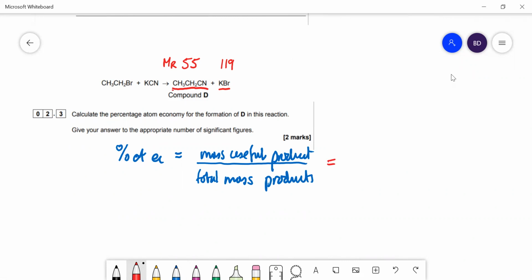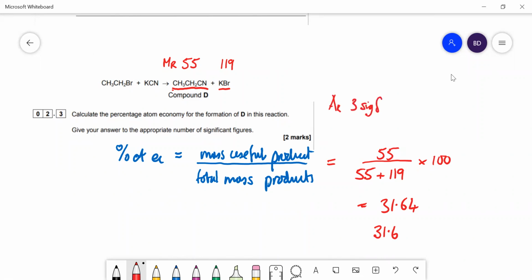We form 1 mole of it, that's 55. That's the useful product, divided by the mass of all the products, 1 mole of nitrile and 1 mole of potassium bromide, which is 119, multiplied by 100. That gives 31.64. We should give that to 3 significant figures, 31.6, because all the atomic masses to give us the Mrs are all to 3 sig figs.